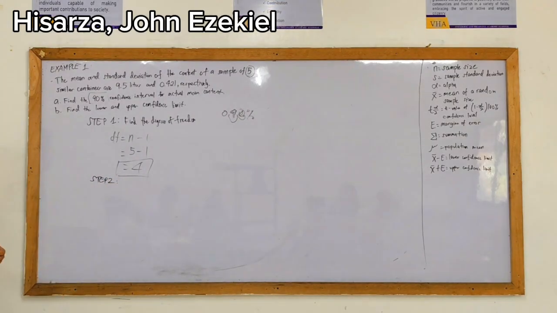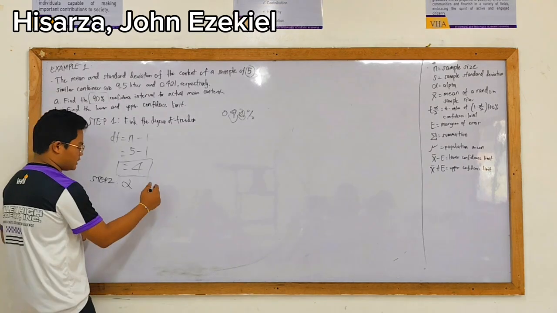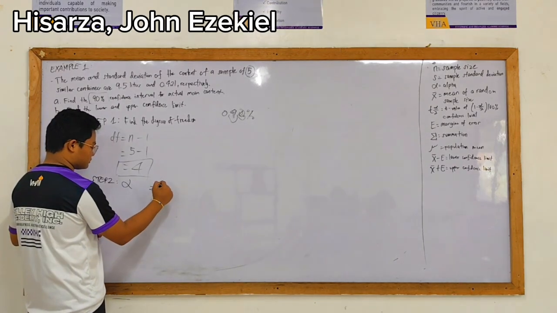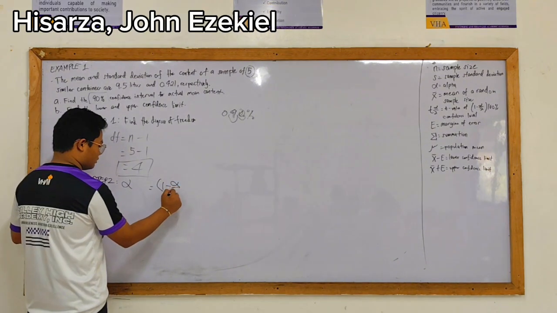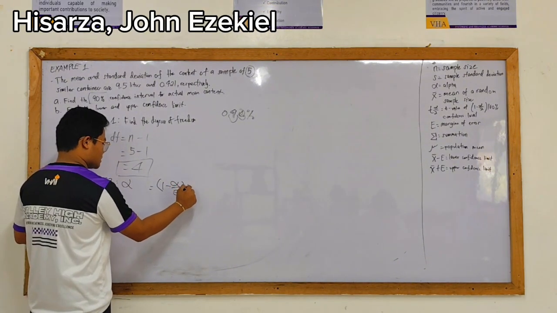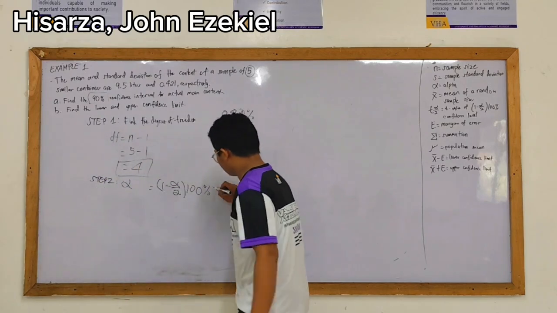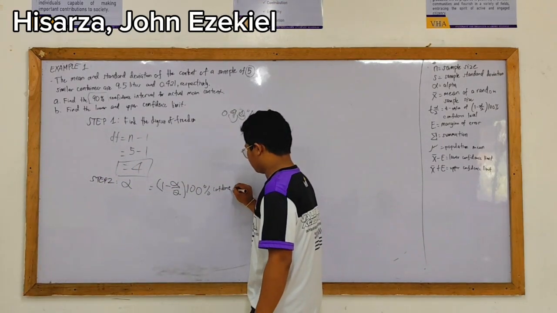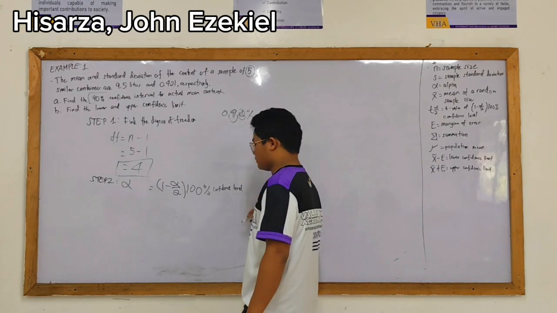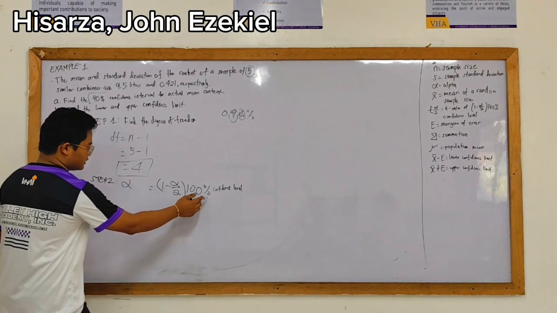Step number 2 is to find our alpha. We will need the formula: 1 minus alpha over 2 is equal to the confidence level as a percentage.